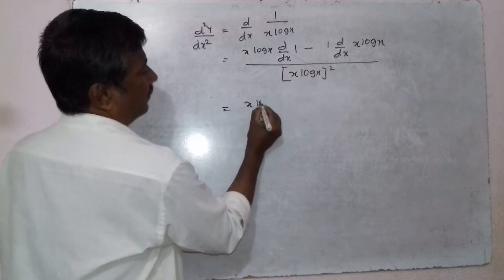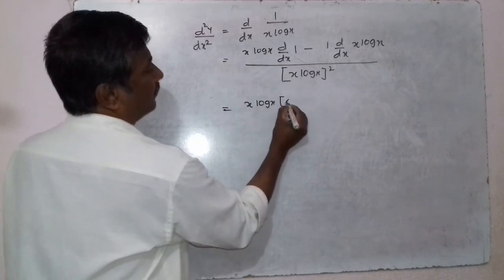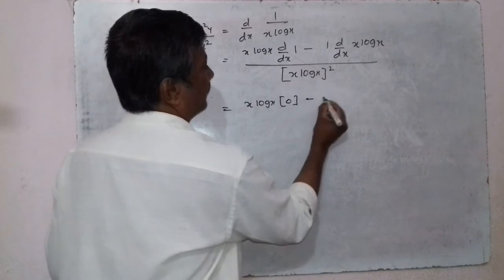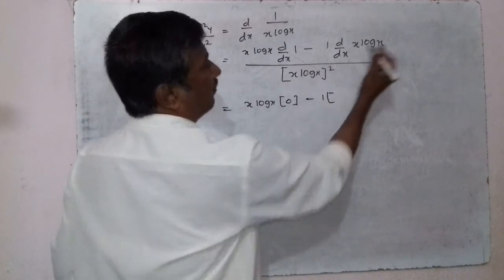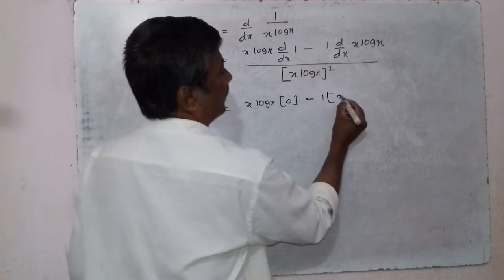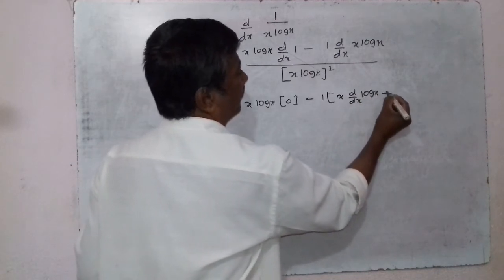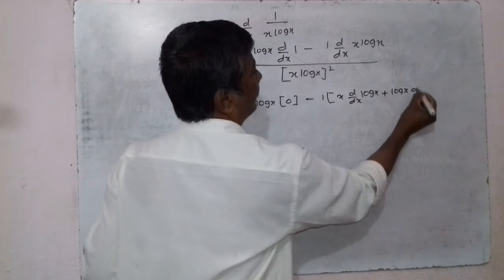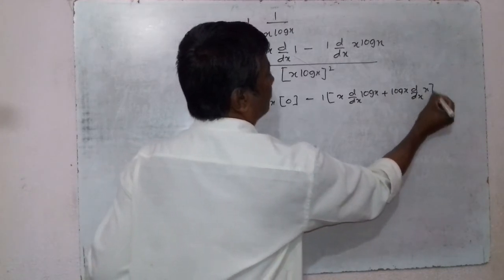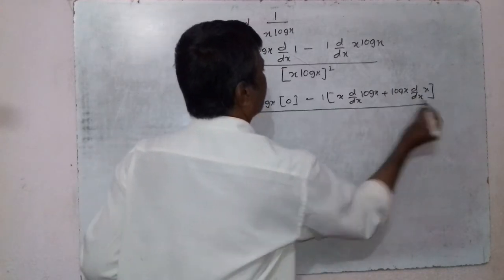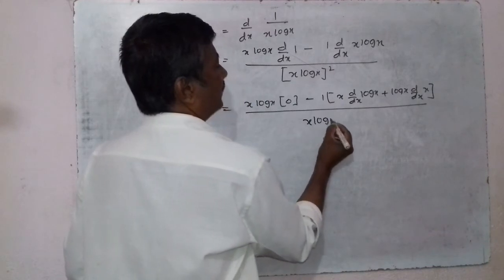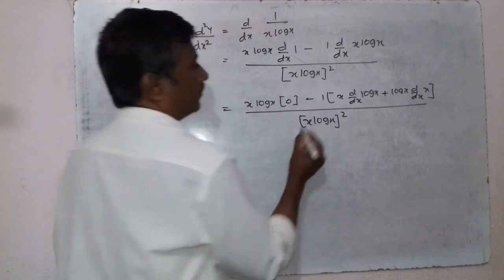Therefore x log x into 0 minus 1 into bracket, apply the product rule here: x dy dx of log x plus log x dy dx of x, this whole divided by x log x bracket raised to 2.